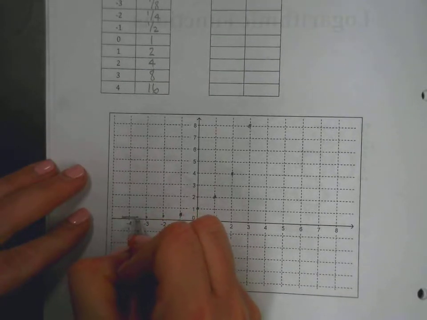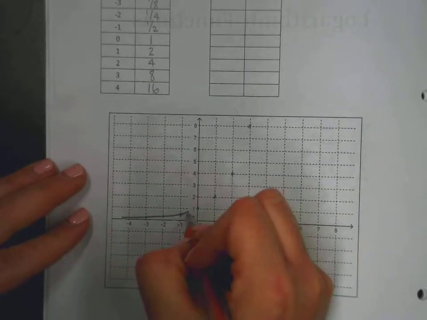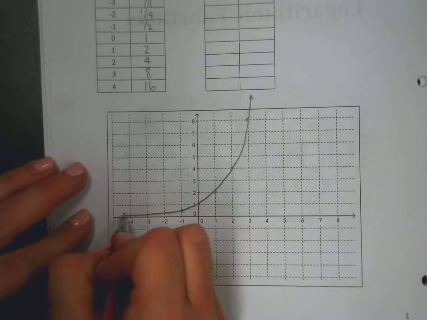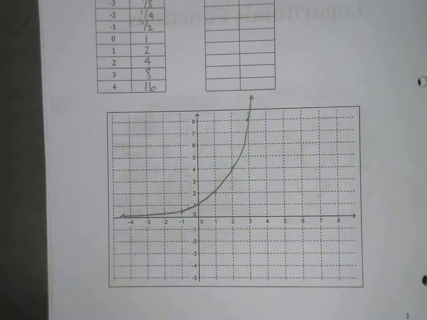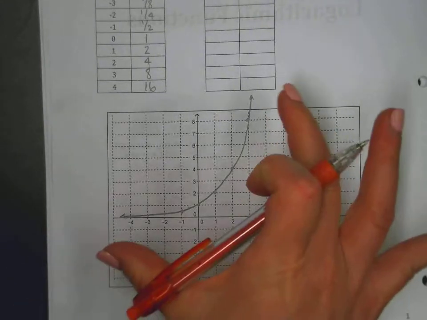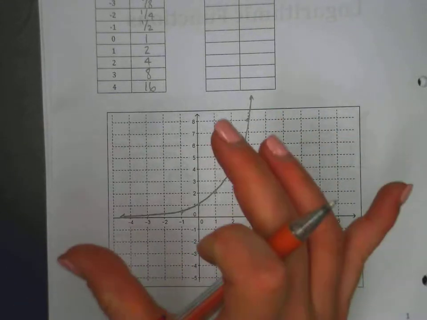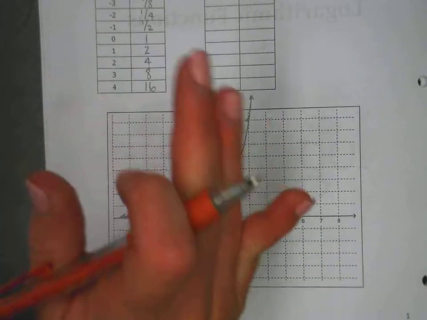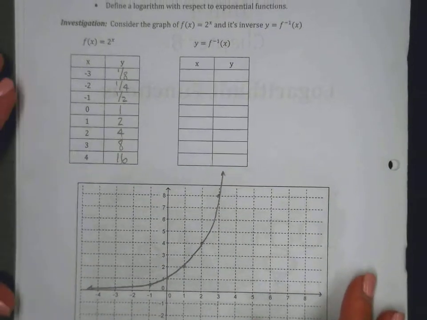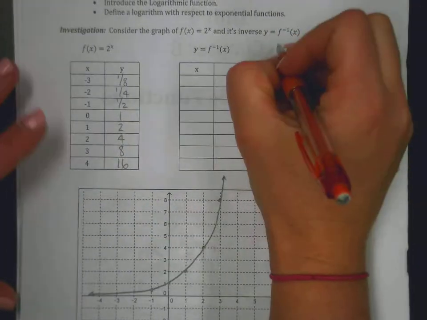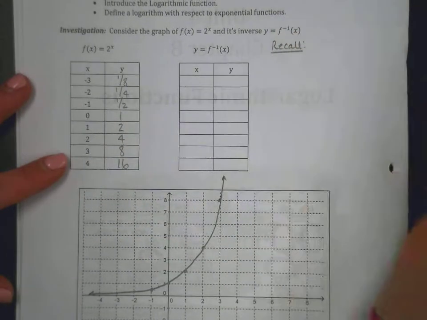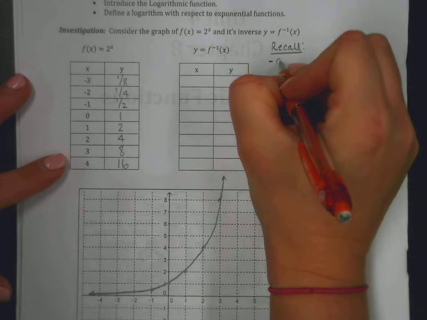Okay, and so now from this exponential function of y equals 2 to the power of x, we are now going to graph its inverse function. So let's recall what our inverse function looks like. Back to our transformations unit, our inverse function is a reflection in the line y equals x.